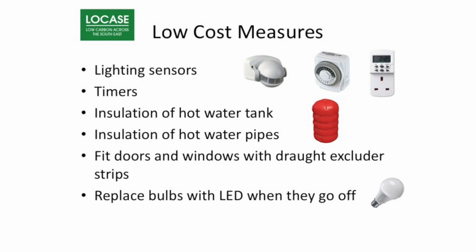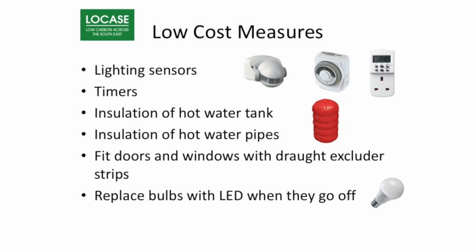You can also install timers on equipment like printers or water coolers that can turn off at the end of the day and turn on just before you need them first thing in the morning. Something like insulating your hot water tank: a jacket costs around £20 and will pay for itself in heat savings in a matter of months.